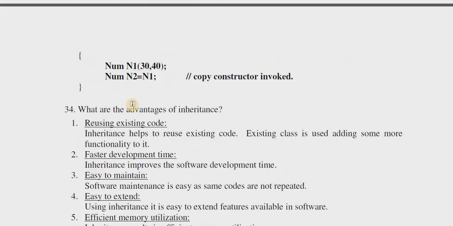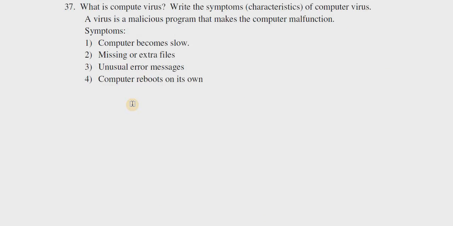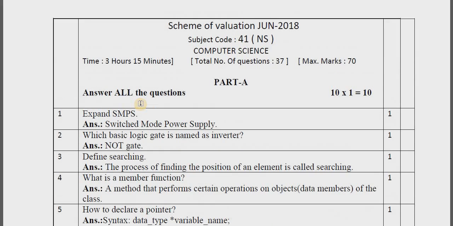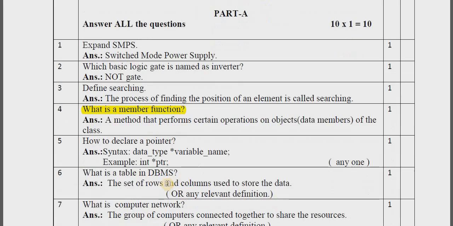Okay, next question paper. This is the question paper of June 2018. Here the question is, what is a member function? This is a 1 mark question. There are many definitions for this question, so you can write any one.